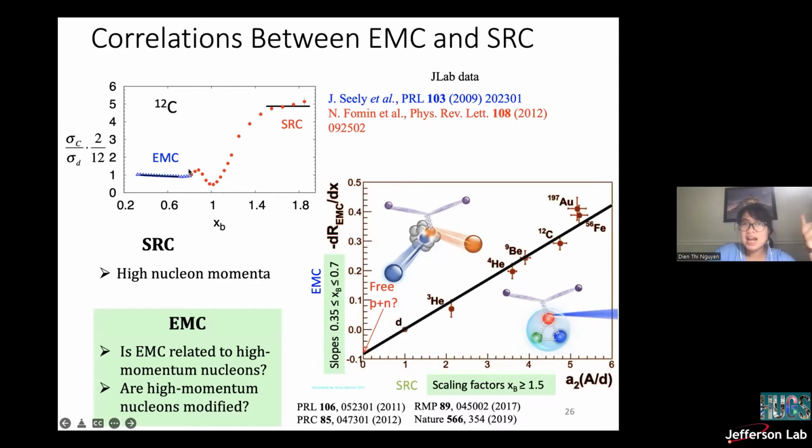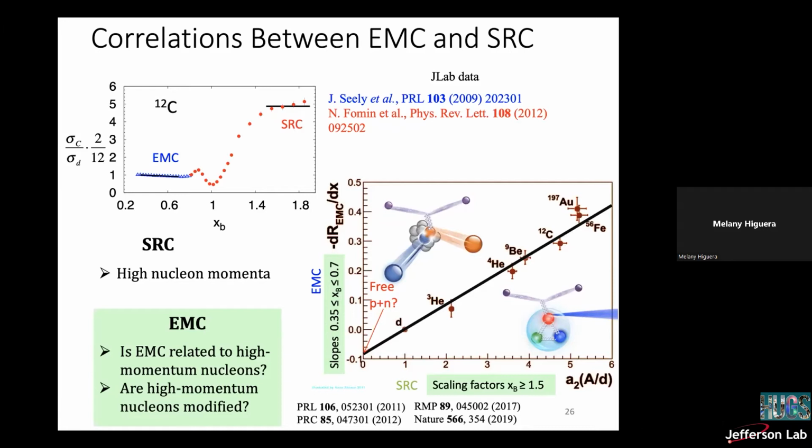Now for DIS, we are seeing the EMC effect from this lower range, so it enters the region where the Fermi motion plays a big role. That's why adding the Fermi motion brings that rise, and it also broadens the quasi-elastic peak. So that's the answer to your question. Okay, thank you.